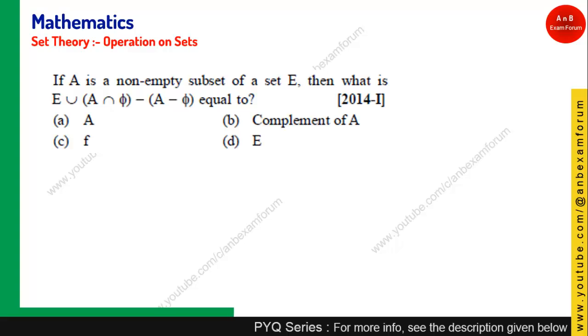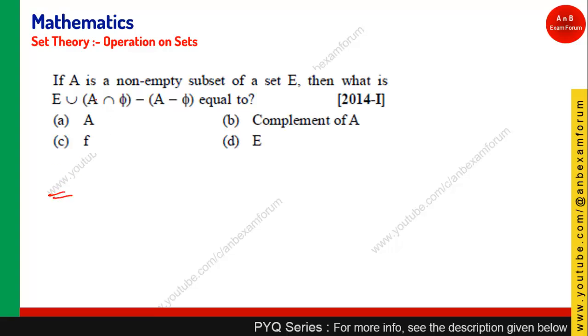So the question basically says that A is a non-empty subset of E. What is the simplification of this? Okay, so let's simplify. So A intersection phi is the null set. Anything which is common with phi is again phi, because no elements are common between them, so it will become phi.